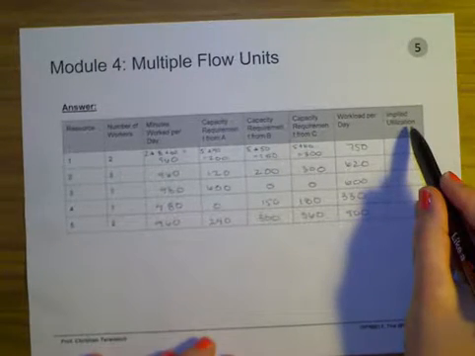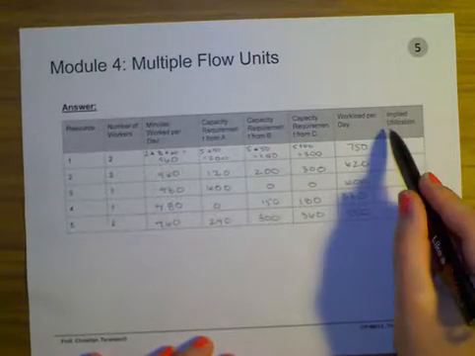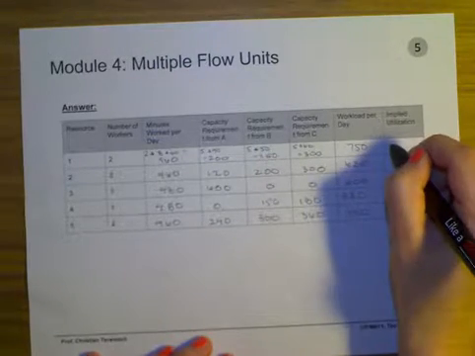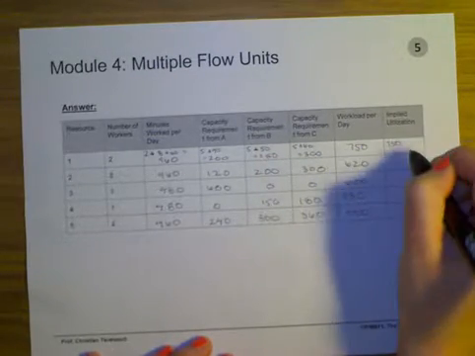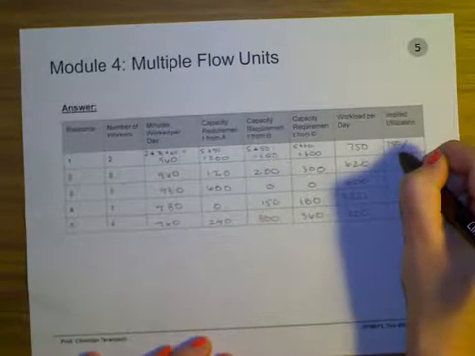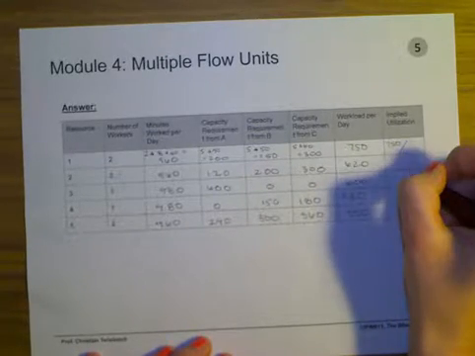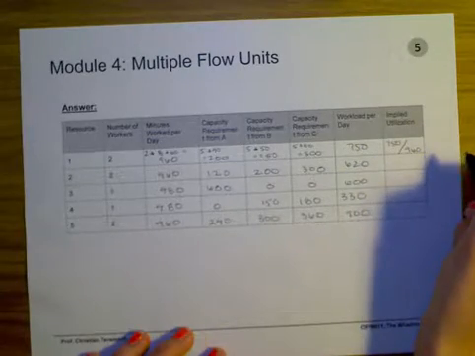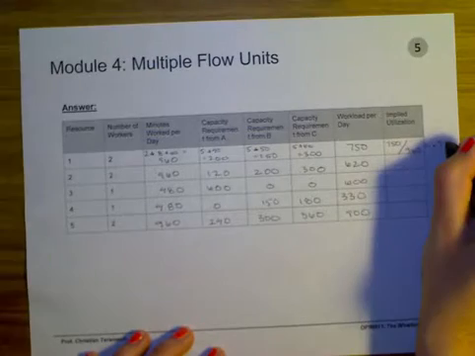And then to get the implied utilization, we'll take a look at demand over the capacity of the workers. So for example, resource 1 is demanded 750 minutes of work, but he is able to work 960. So he has an implied utilization of 78%.